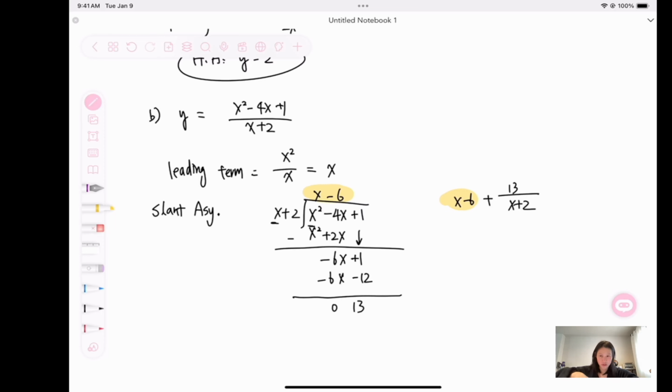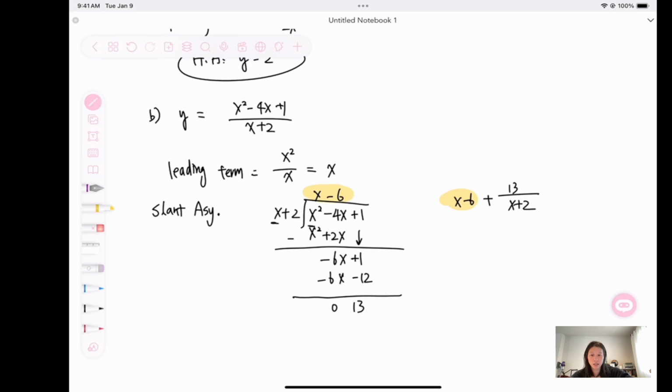So we have the function x squared minus 4x plus 1, the denominator is x plus 2, and we found our slant asymptote is x minus 6. Look, the function is really going along this line.